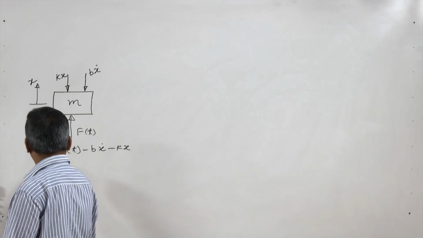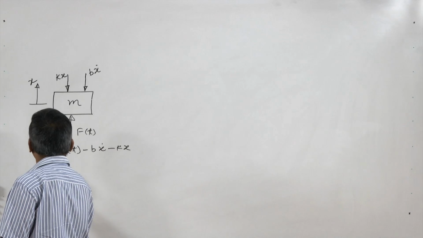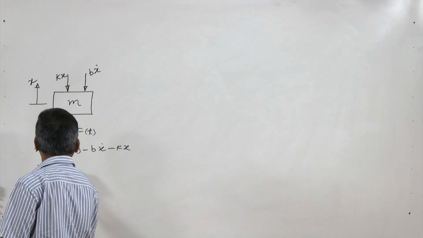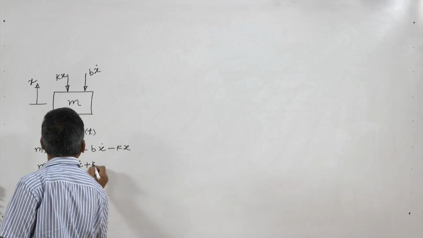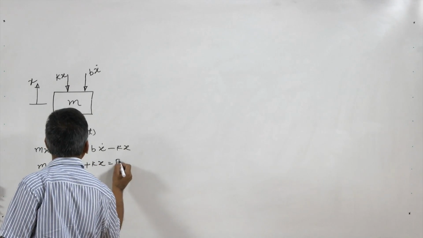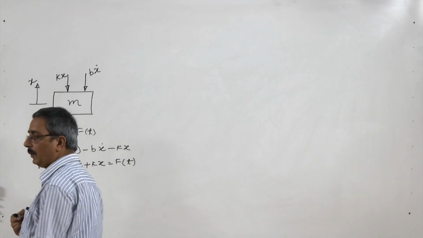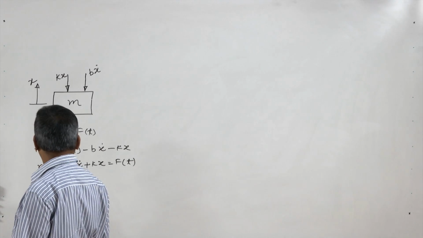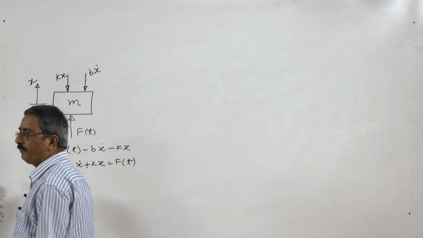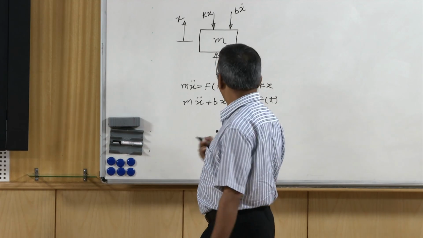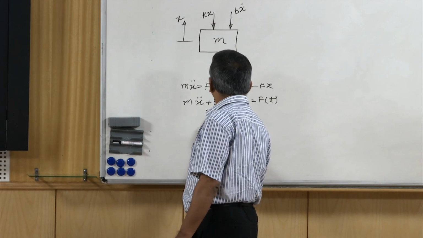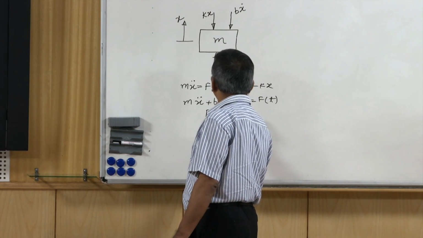So, my system equation becomes m x double dot plus b x dot plus k x is equal to f t. Now, for seeing the unforced response, if I want to see the natural response, I can take this f t equal to 0.